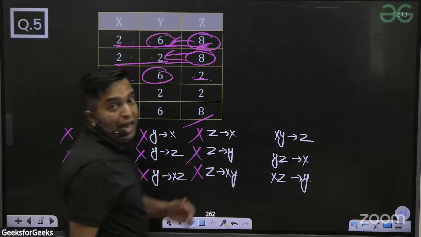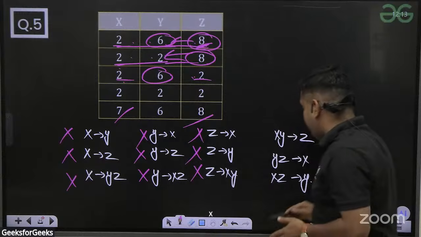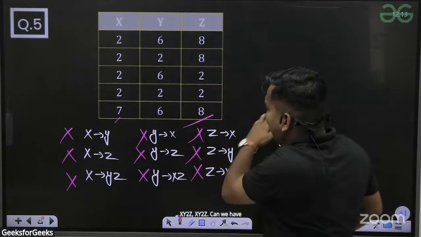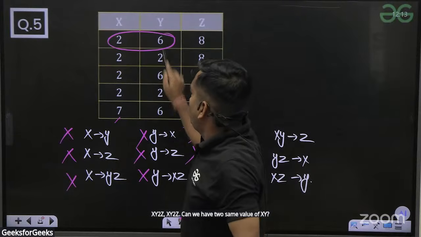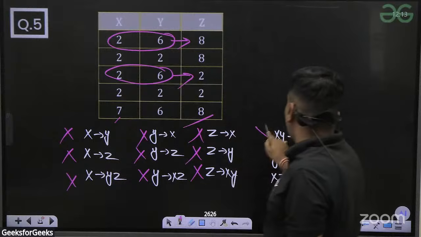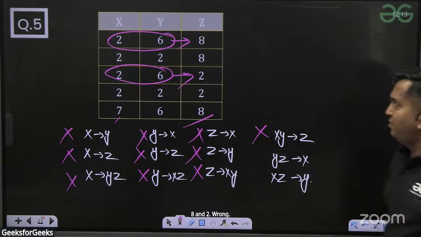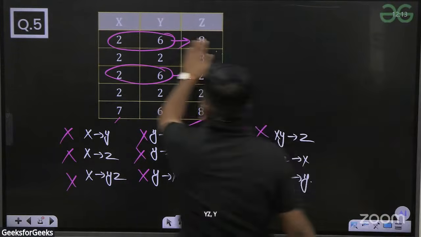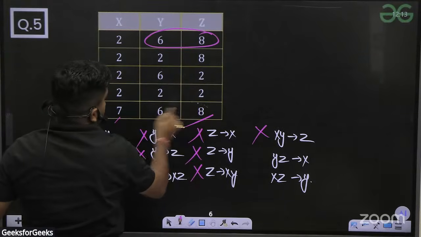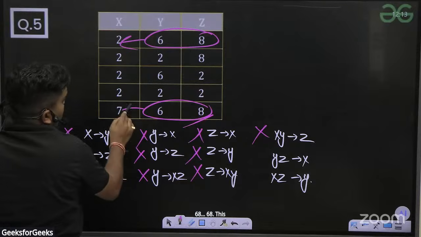X, Y to Z: can we have two same values of X, Y? 2, 6, 2, 6, and 8 and 2. Wrong. Y, Z: what happened? 6, 8, 6, 8: this gives 2, this gives 7.